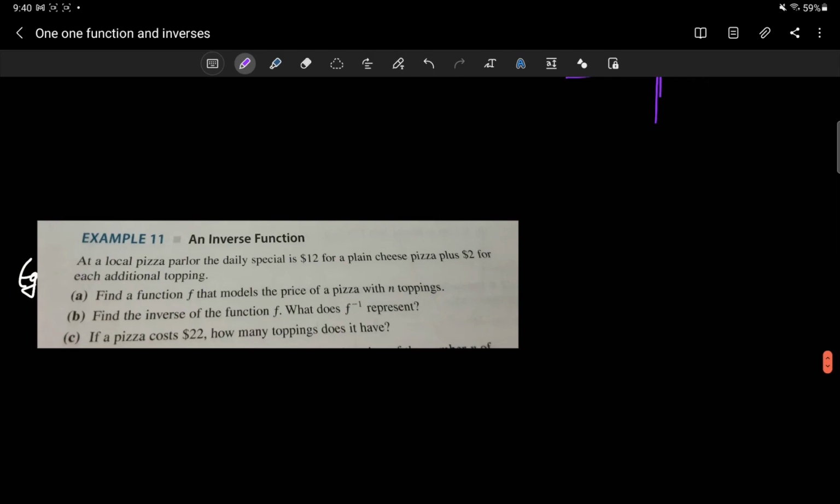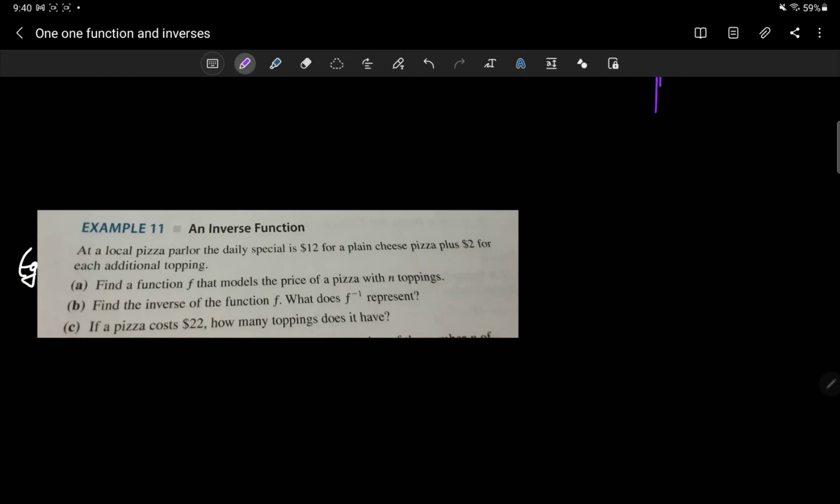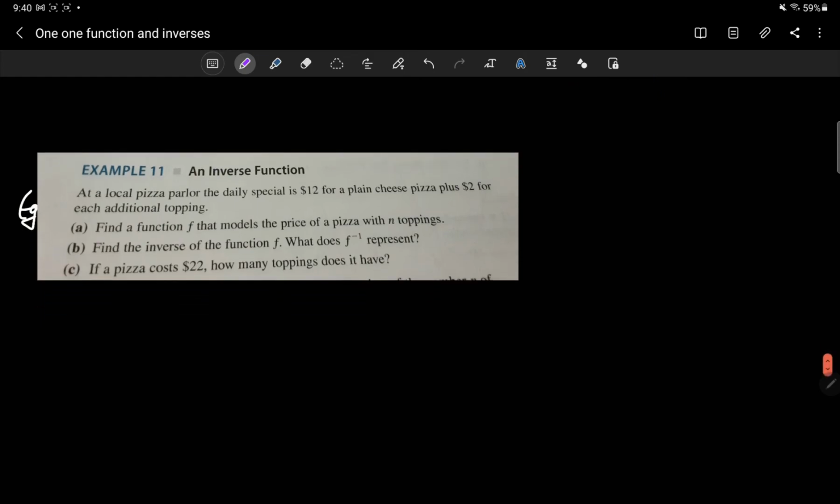Let's look at another example, an inverse function. At a local pizza parlor, the daily special is $12 for a plain pizza plus $2 for each additional topping. Find a function that models the price of the pizza with n toppings.